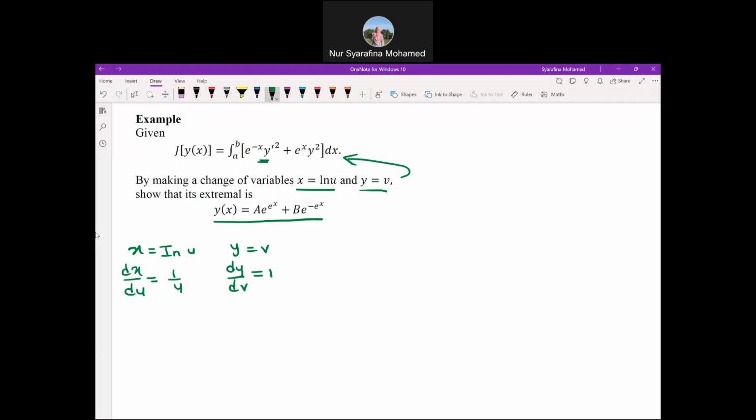And in order to get y prime here, we have to find our dy/dx, where dy/dx by the chain rule equals dy/dv times dv/du times du/dx.